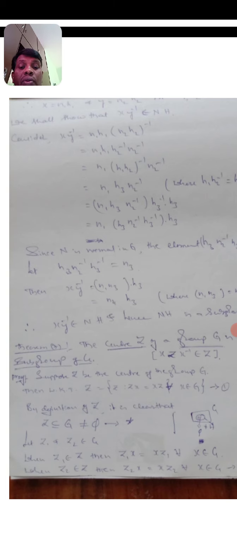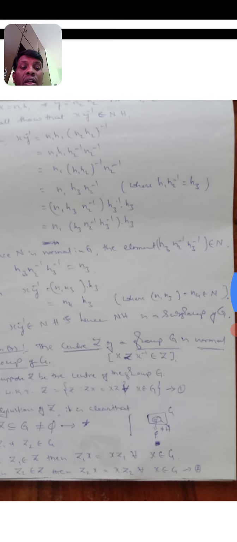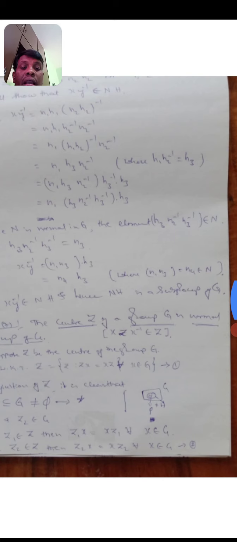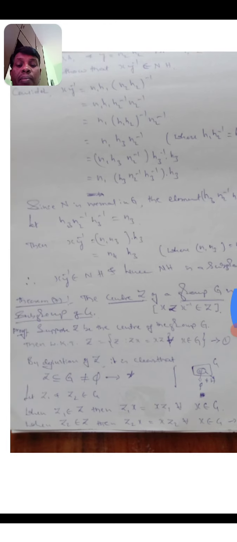Then x into y inverse is equal to n1 n3 h3, where n1 n3 is equal to n4, which belongs to N. Therefore, x y inverse belongs to N H, and hence N H is a subgroup of G. This is the proof of the sixth theorem.